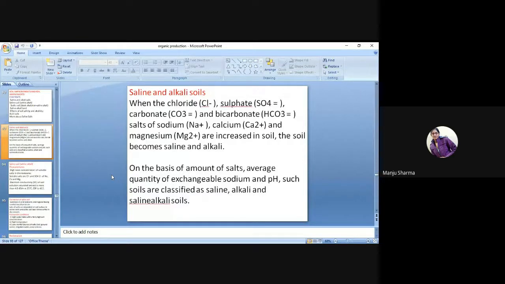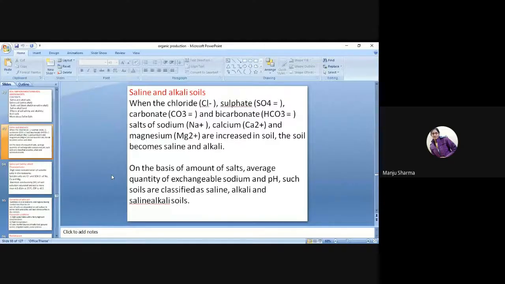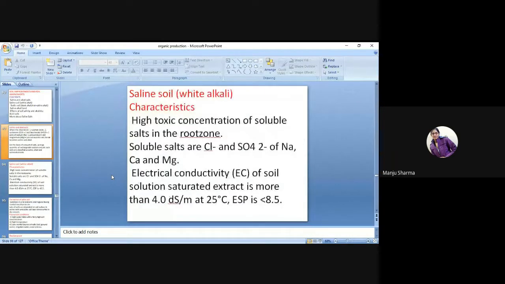Saline soil, that is white alkali, what are the characteristics? The characteristics of saline soils are a high toxic concentration of soluble salt in the root zone. Soluble salts are chloride, sodium, carbonate and magnesium.